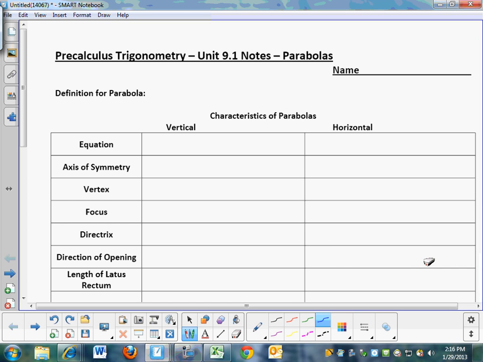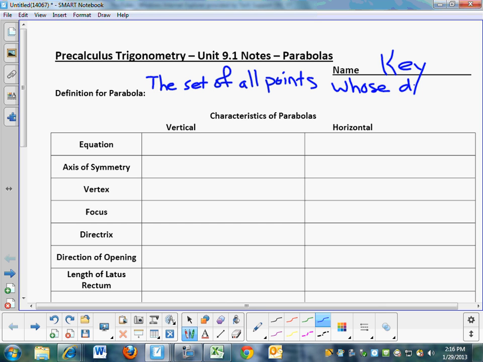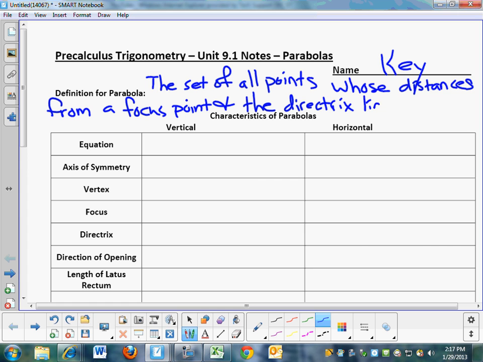Okay, so parabolas, here we go. What is a parabola? A parabola is the set of all points whose distance from a focus point and the directrix line is the same.